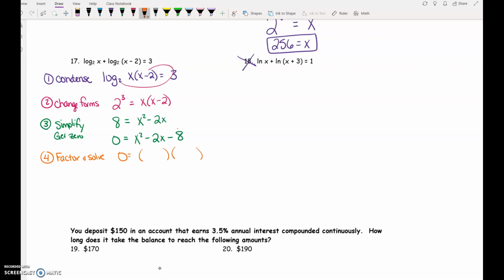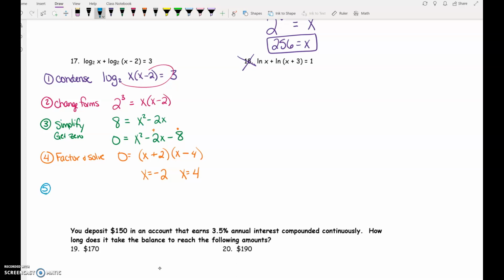You're looking for two numbers that multiply to give you -8 and add up to -2. That would be 2 and 4. It'd have to be a -4 to add up to -2. So +2 minus 4 is -2. +2 times -4 is -8. So then our solutions are -2 and +4.